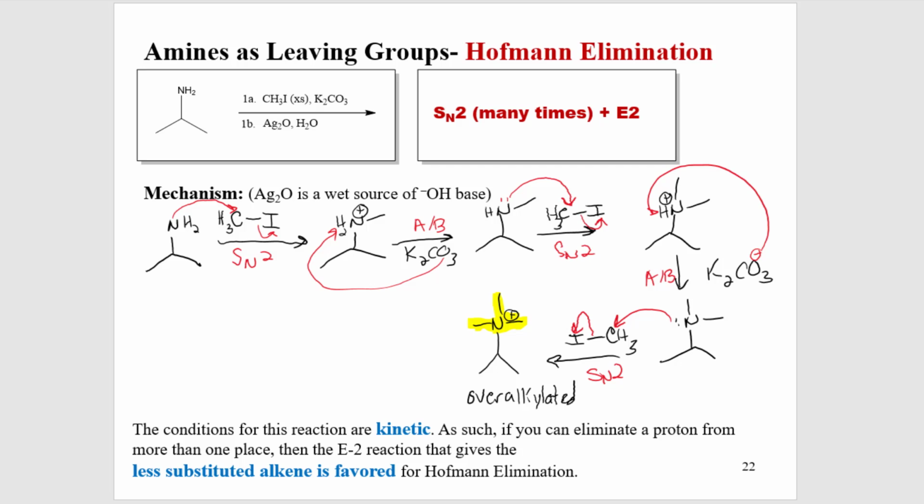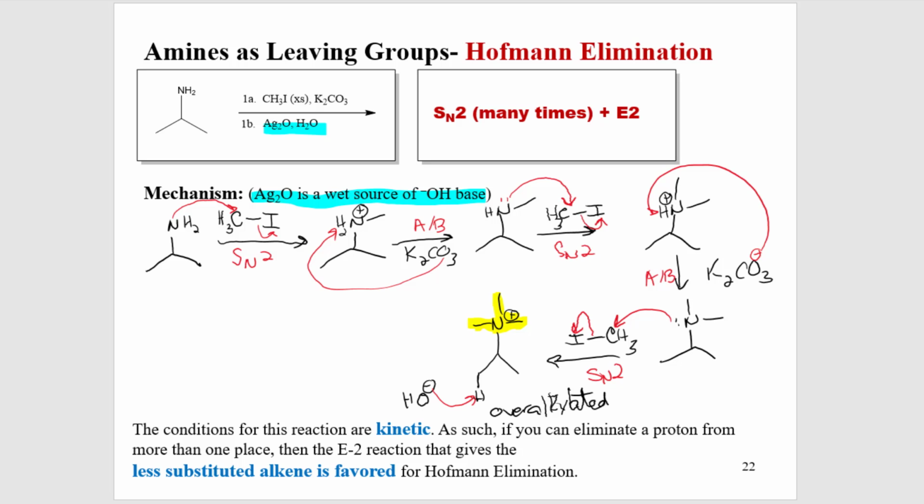I can now use, in the second step, once it's overalkylated, I throw in some silver oxide, which is actually just a wet source of OH minus. I've written that right here. So this part right here, it's just kind of like a wet OH minus source. And this is where I do my elimination.